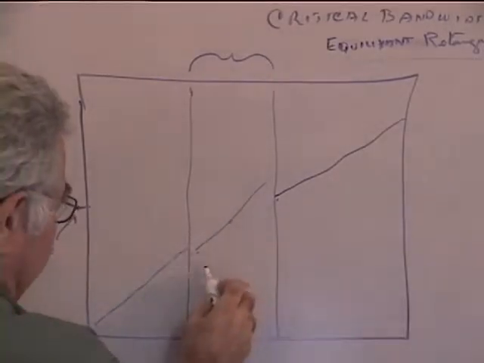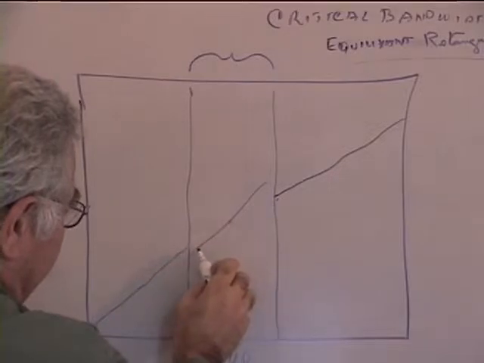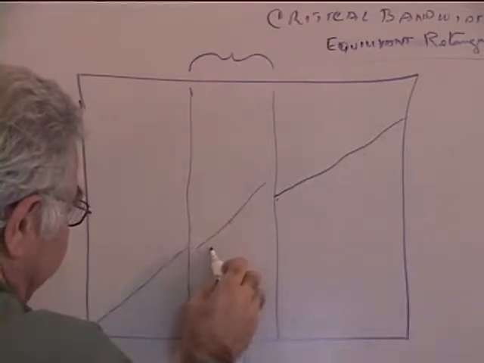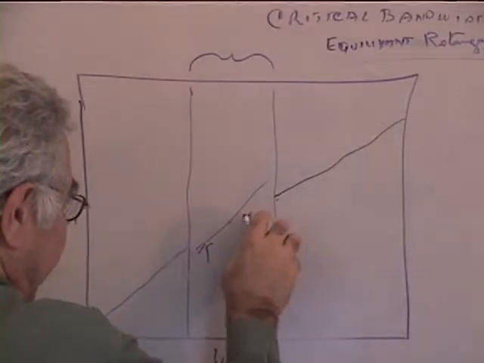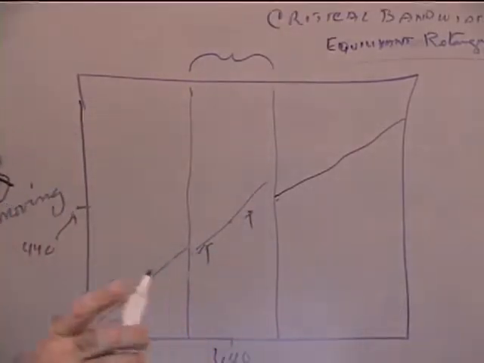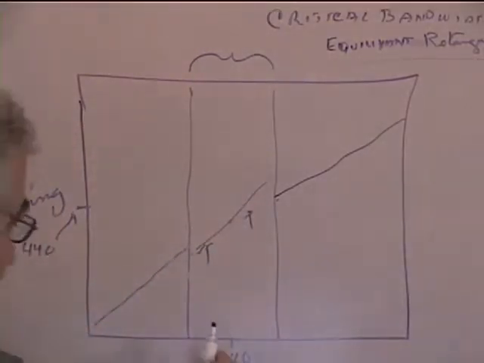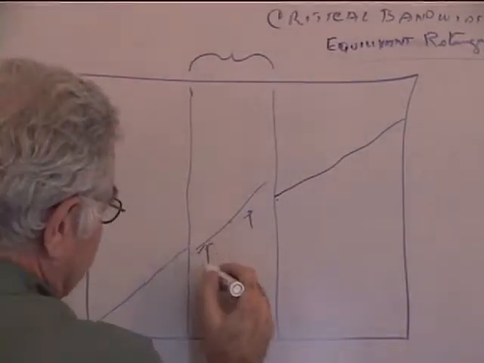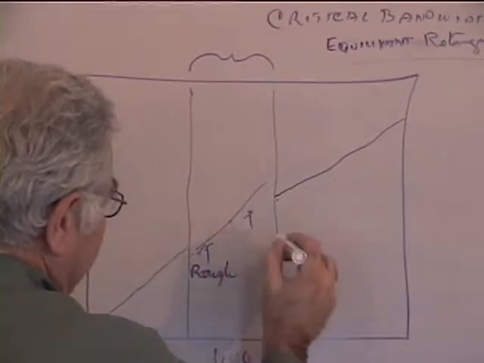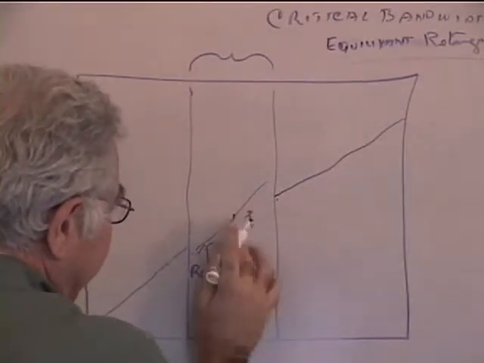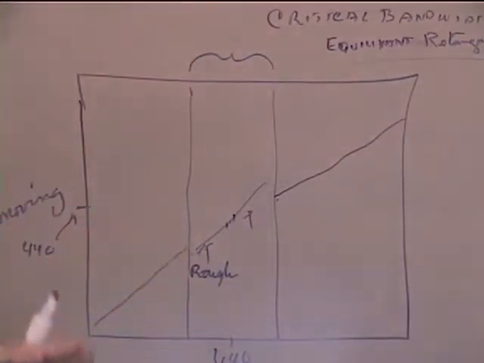And then we're going to hear beats. It's going to get really rough in this region, where let's say the beats are between 30 hertz and 70 hertz, and of course that depends on the bandwidth here. So this is going to be roughness. And then it's going to get smooth again when it gets real close, because the beats will be quite slow.